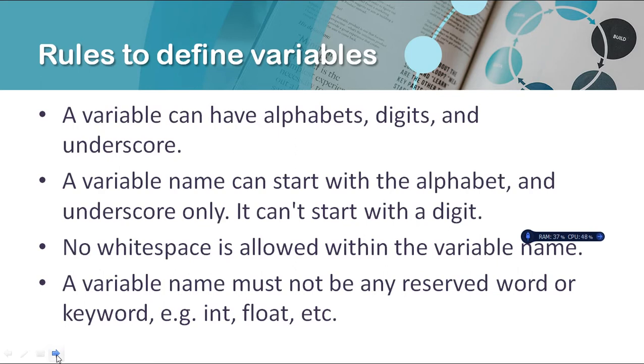An underscore you can also use if you want, but you cannot use a digit as the starting letter of your variable. It doesn't allow any white spaces in your variable name. And a variable name must not be any of the reserved words or keywords. These reserved words and keywords have a specific meaning in the programming language and are used for a specific purpose, so we cannot use those names as variable names.